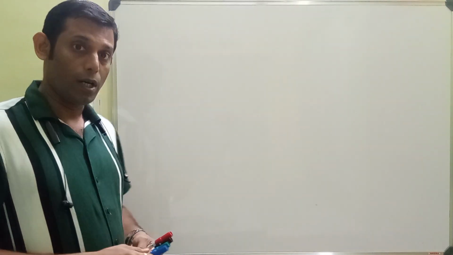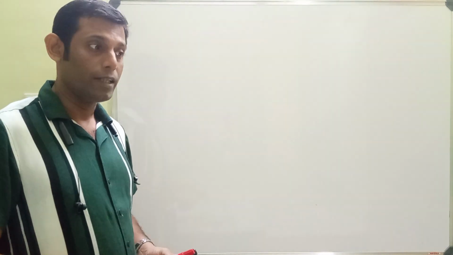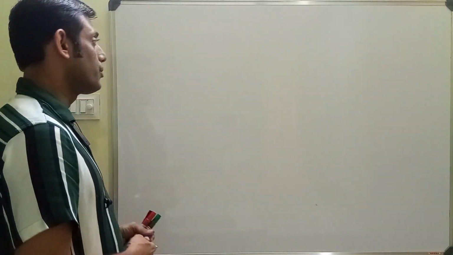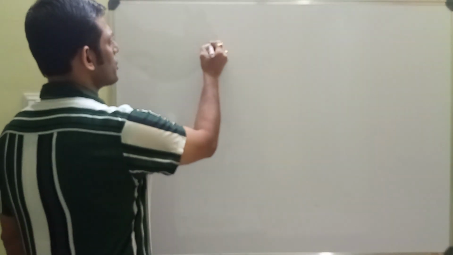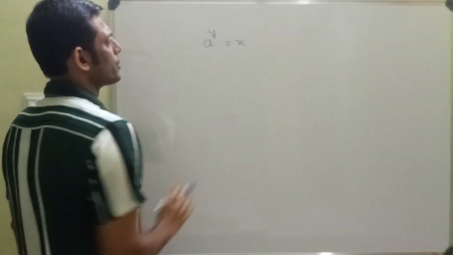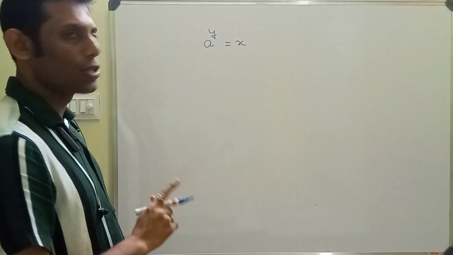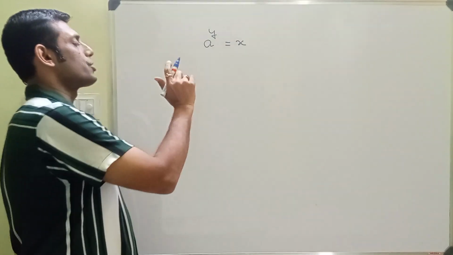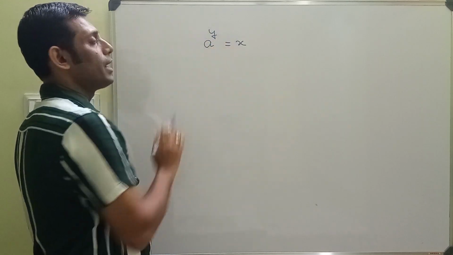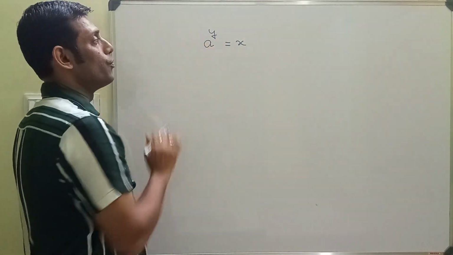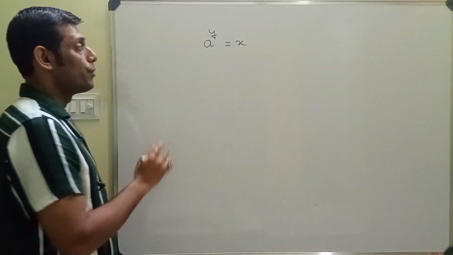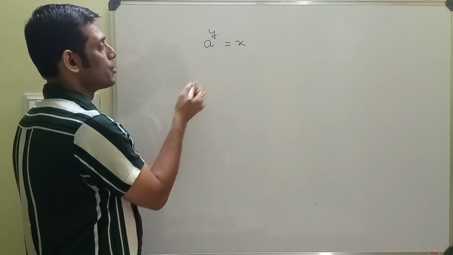To begin with, let us start discussing what exactly a logarithm operator is. This is how it goes. Say, for example, if you write a power y is equal to x, this is as if you are describing an expression in x in terms of y. Now, can we do the reverse? Yes, we can do the reverse. That means we can describe y purely in terms of x.